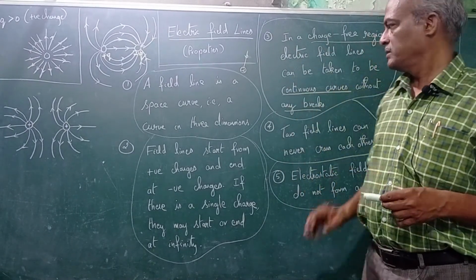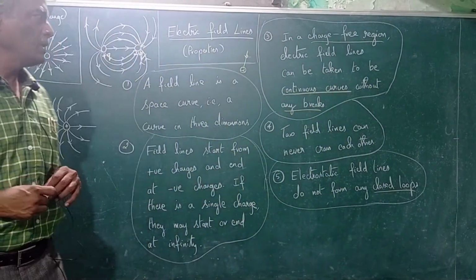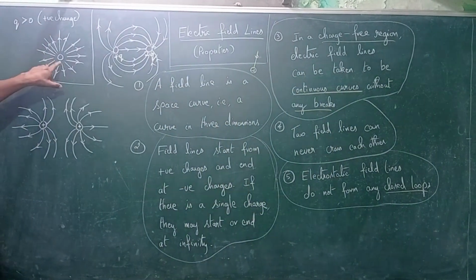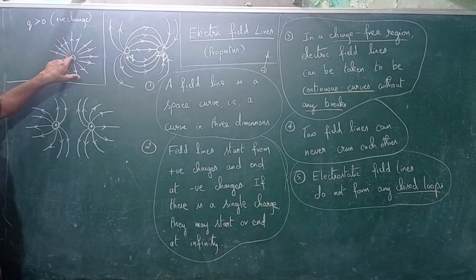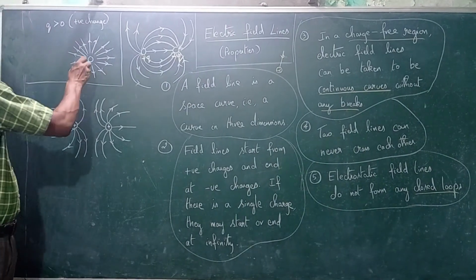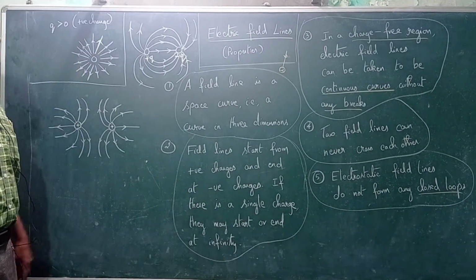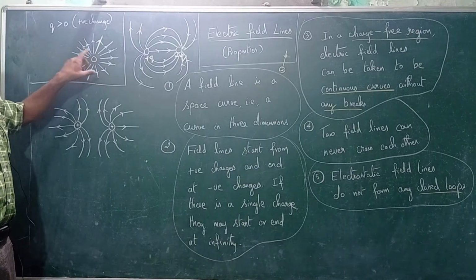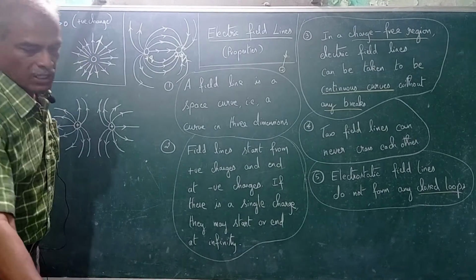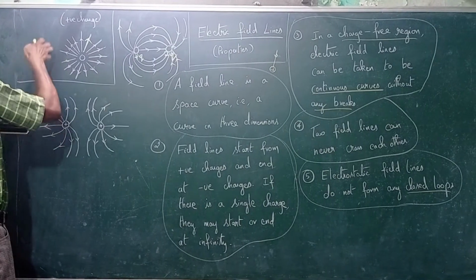Okay, this is important. Now we will see, if you have a positive charge here, the electric field lines radiate all around and the direction is outward if it is a positive charge at the center. Now suppose you have a negative charge, Q is less than 0.